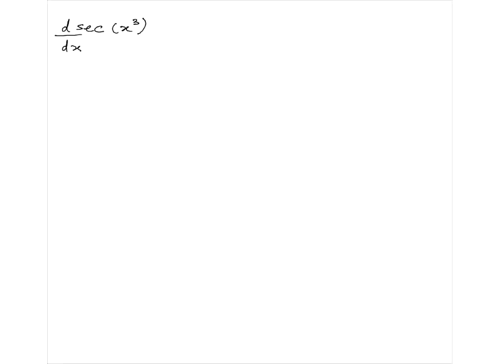That's very good. 3x square sec of x cubed 10 of x cubed is the correct answer. If anybody would like this to be discussed on the board, then raise your hand.